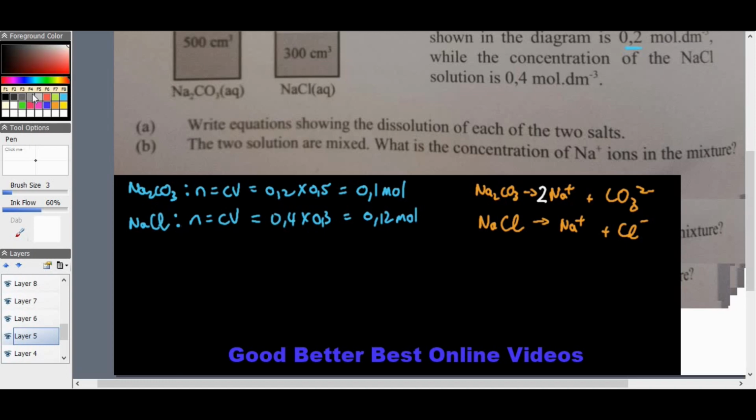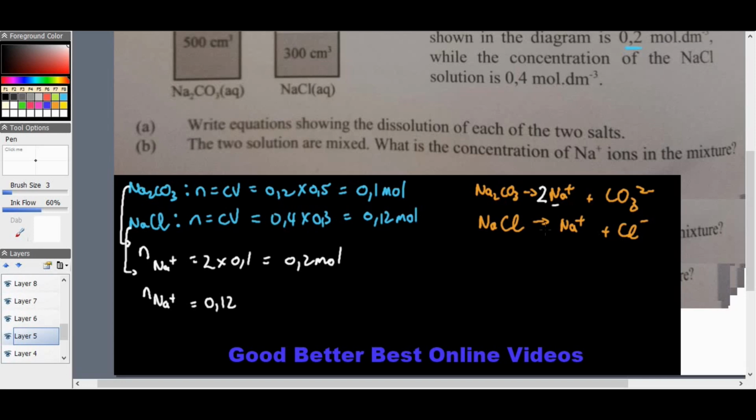For the first one, Na2CO3, the number of moles of Na ions is 2 times 0.1, because it has a 2 there, which equals 0.2 mole. For the second, NaCl, the moles of Na plus is just 0.12 because they're all in the same ratio.